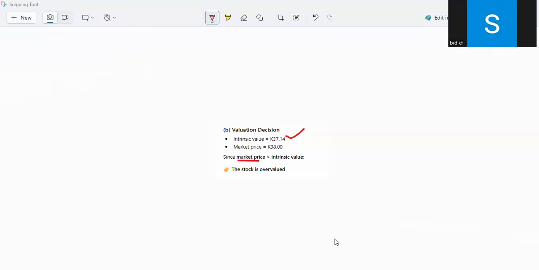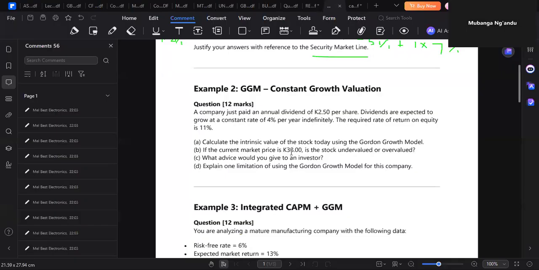We're comparing what we found, which is 37, to the market, where it's selling for 38. In simple terms, that's where the confusion is coming from.